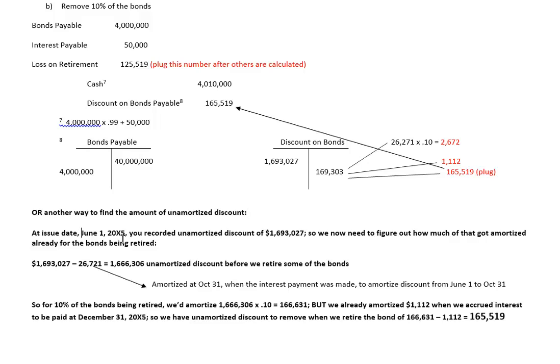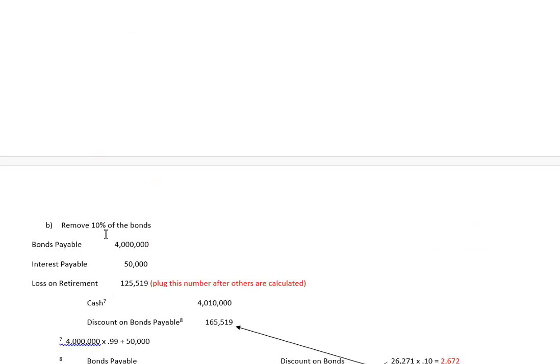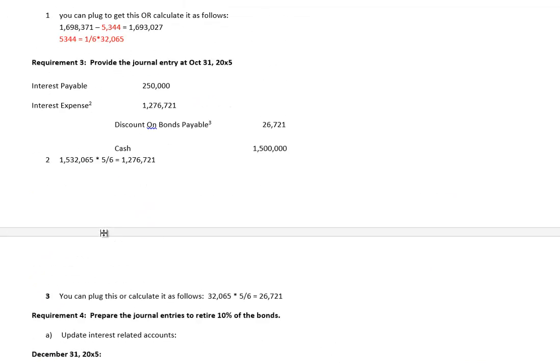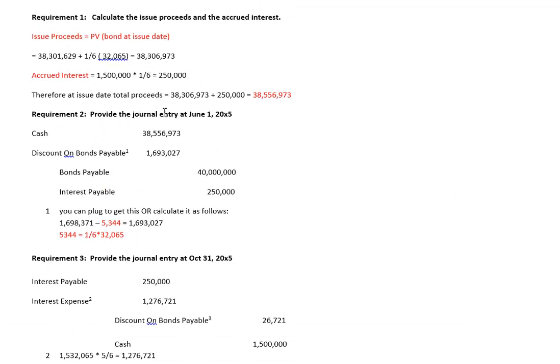First of all, you remember in this question that we issued the bond on June the 1st. And if you go back to that part of the question, you'll see that when we made the entry, we set up an unamortized discount of $1,693,027. That's for all of the bonds.